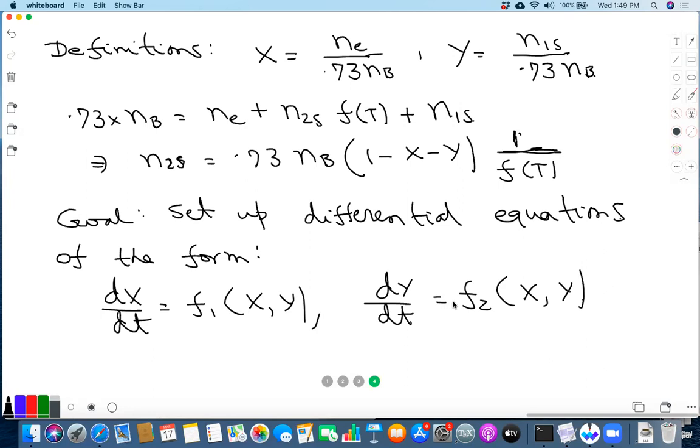Okay, so it will be a set of differential equations in two variables. So let's now proceed to do this.